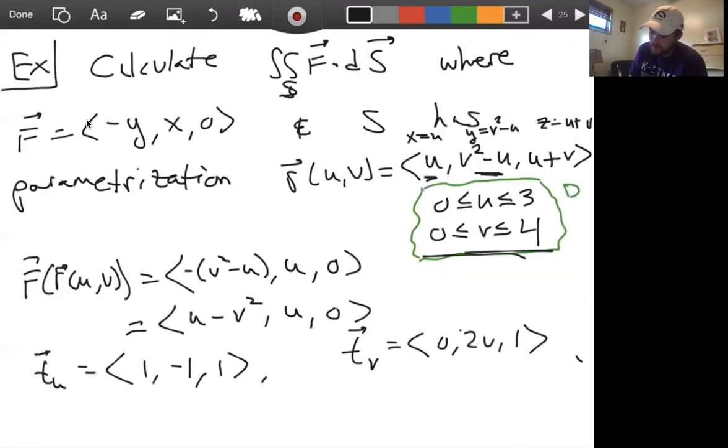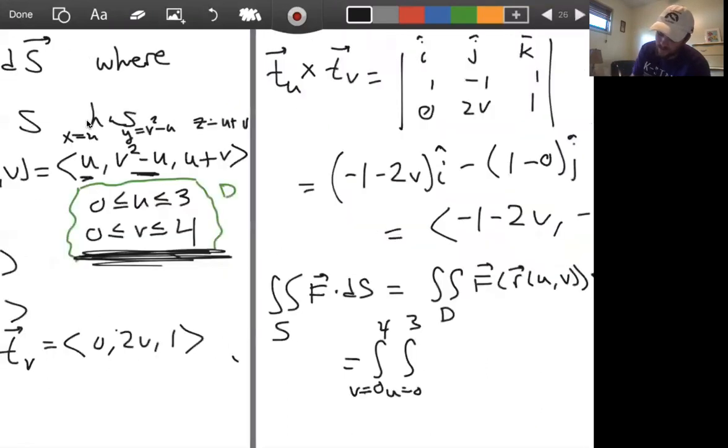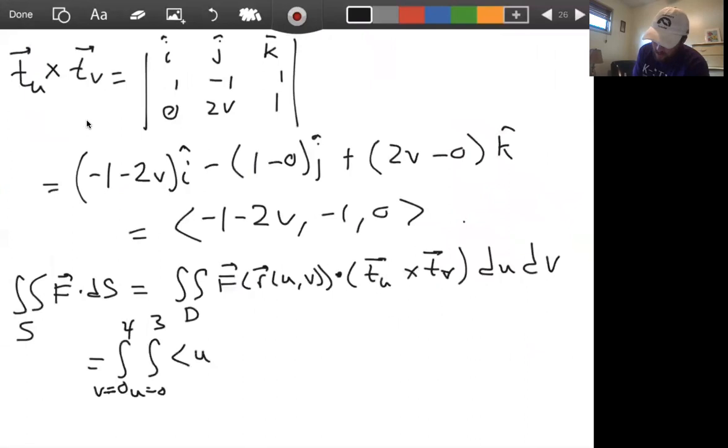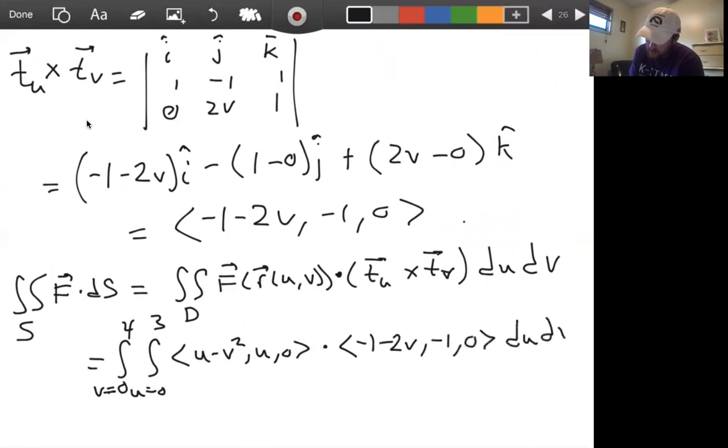This was our parameter domain D over here. And then F of r of u,v is u minus v squared, u, 0, dot T_u cross T_v, which is -1 minus 2v, -1, 0, du dv.